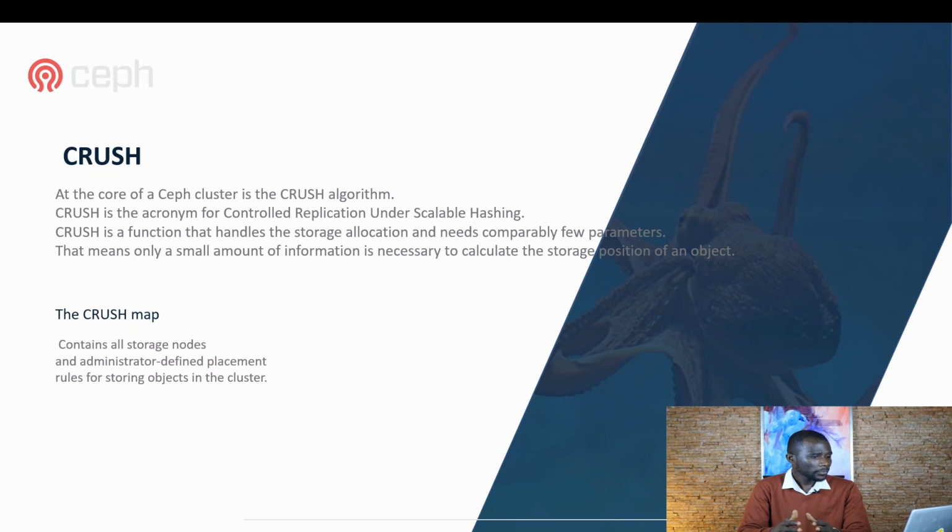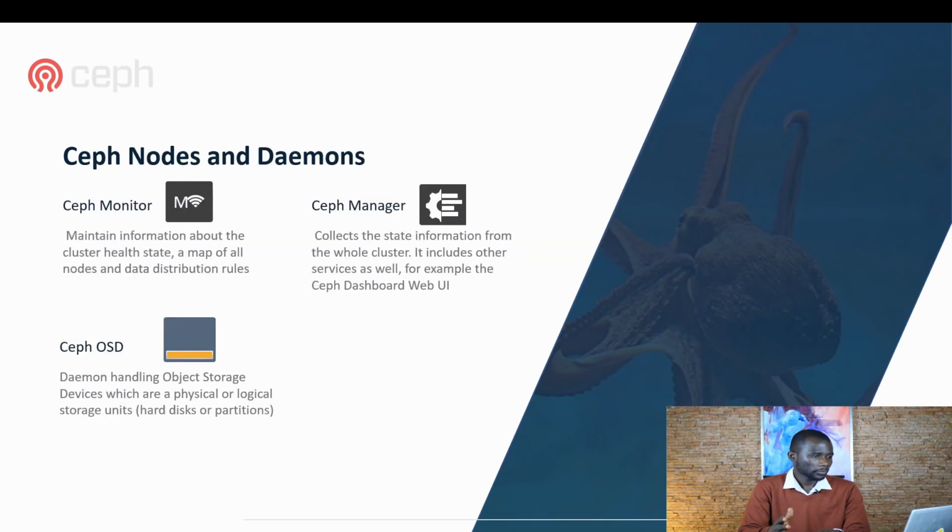Okay, now let's talk about the major Ceph daemons that we can have inside your cluster. We have three daemons: the Ceph Monitor, the Ceph Manager, and the Ceph OSD. The Ceph Monitor is involved in maintaining the cluster health.